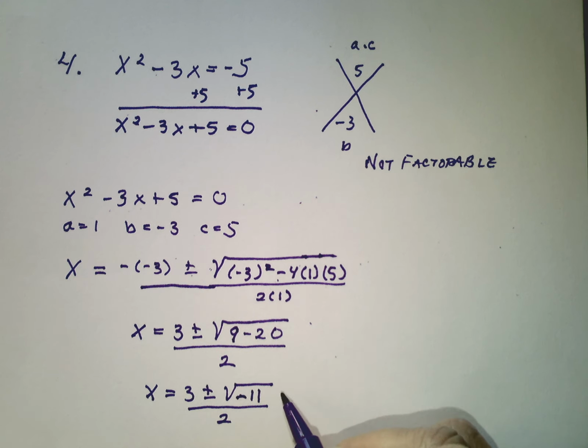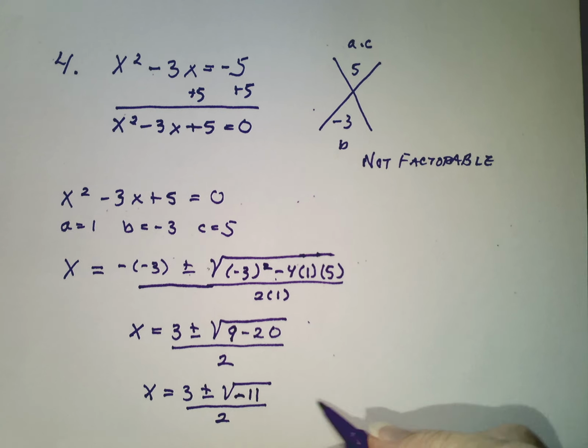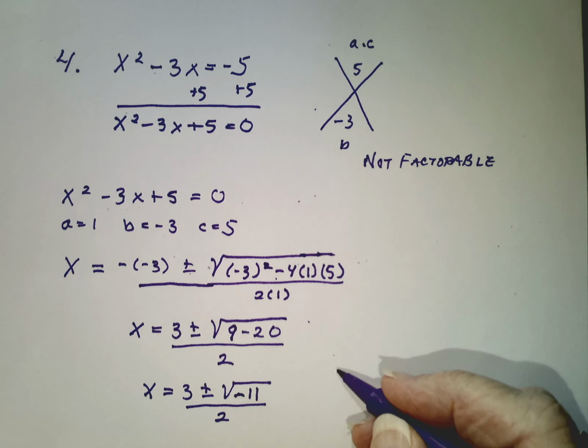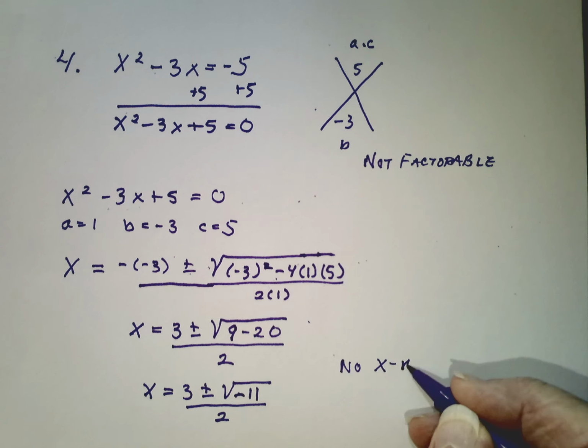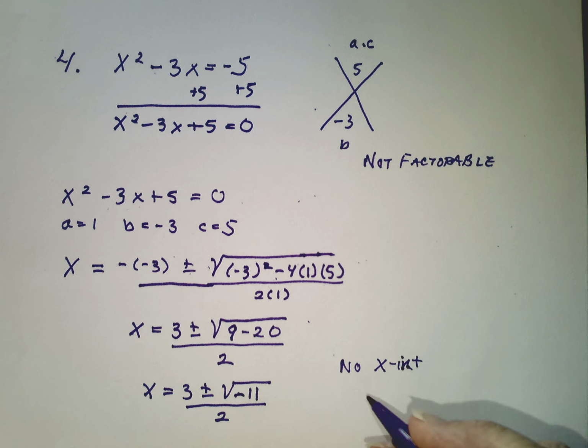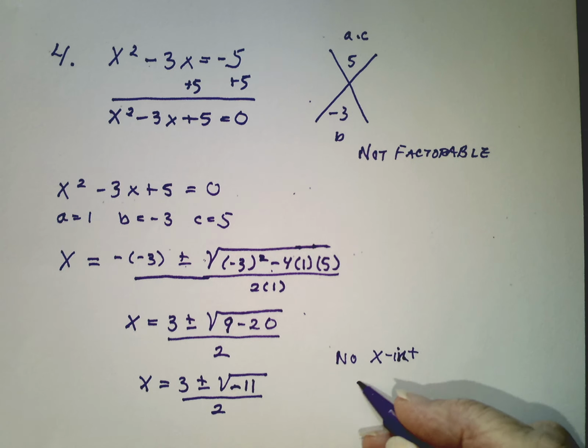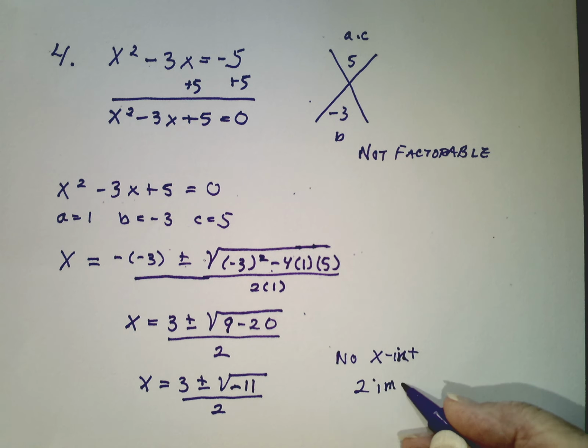Well, we can't take the square root of negative 11 in the real world. So there are going to be no x-intercepts here. We're going to have two imaginary roots.